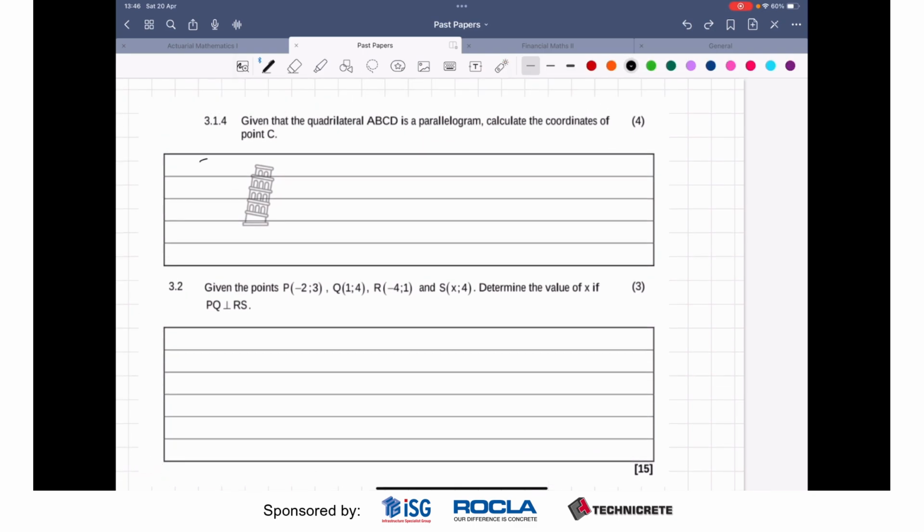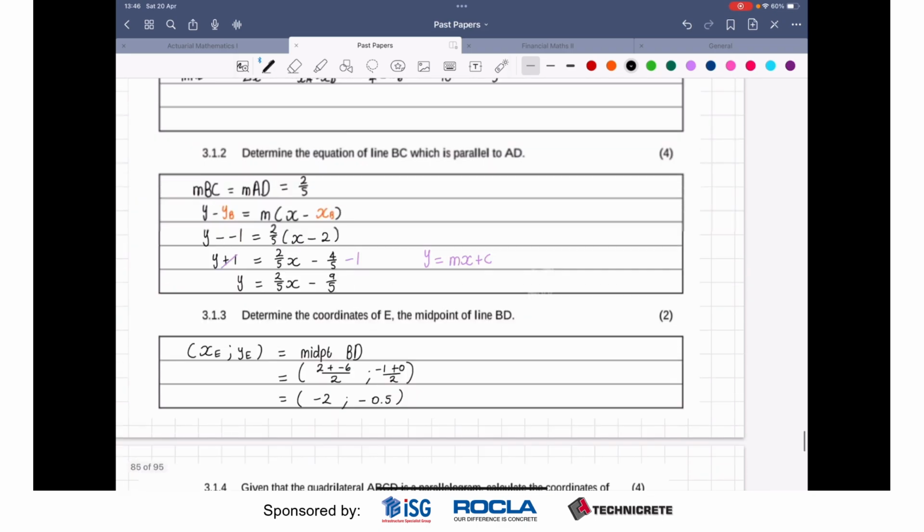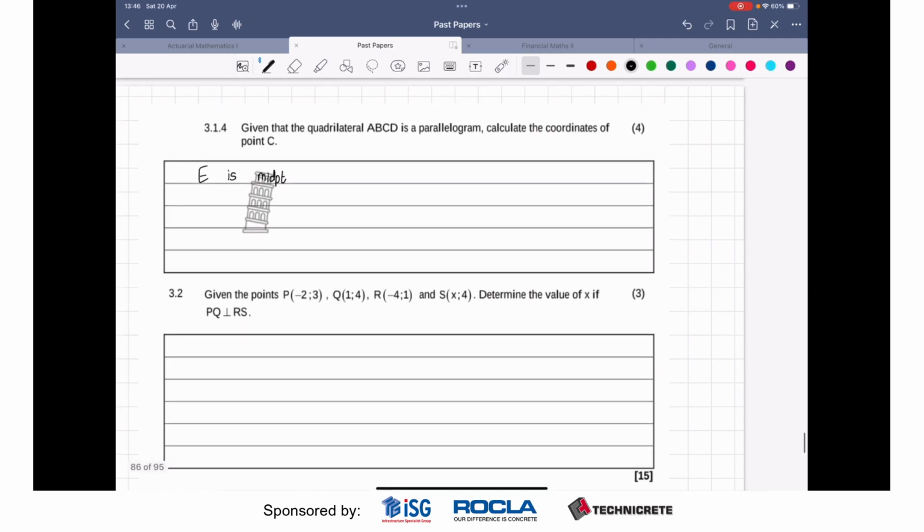So E is the midpoint of AC. So the x of E is equal to the x of C plus the x of A over 2, and the y of E is equal to the y of C plus the y of A over 2. And now I can put in the values that I know.